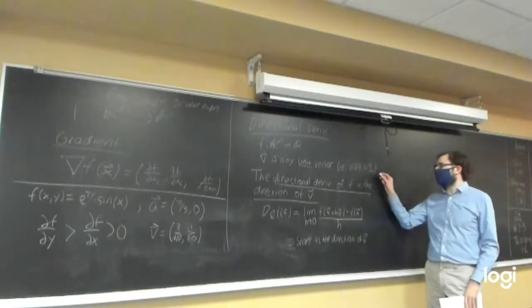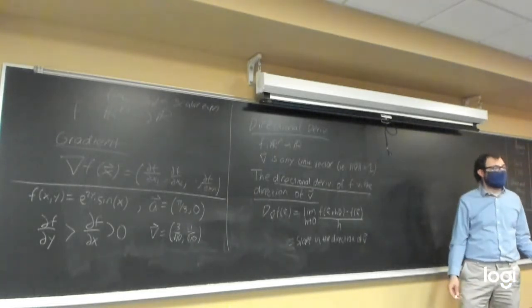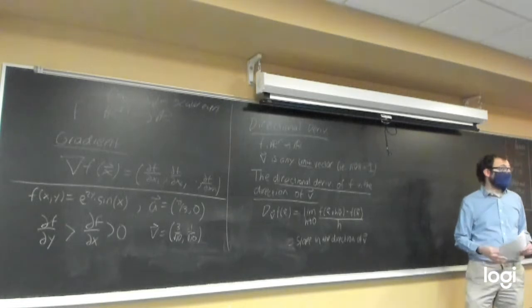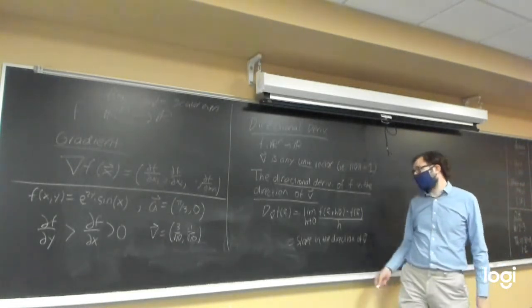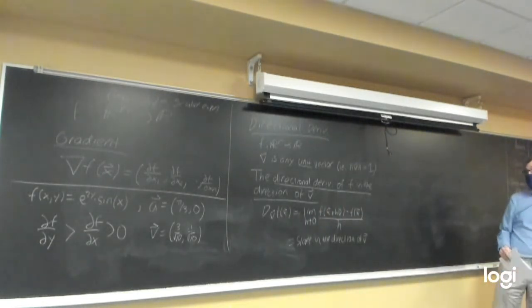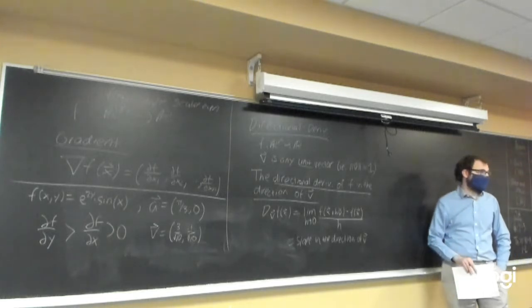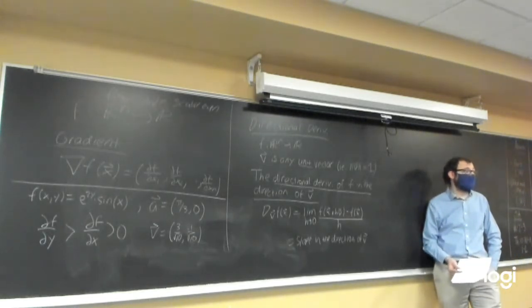You just have to pick a vector v corresponding to that direction, and that vector v has to have a length of 1. But if you have a unit vector that points in the direction you want to travel, then the directional derivative, this expression here, is going to give us the slope of the graph if we were to travel in the direction of v.